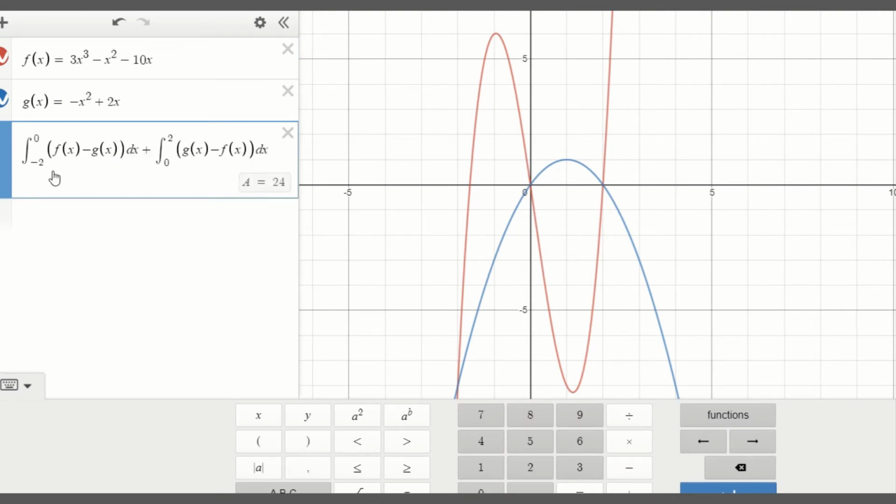So we write the integral from negative 2 to 0 of f of x minus g of x dx, plus the integral from 0 to 2 of g of x minus f of x dx, and get the answer A as 24. So we have to be careful when evaluating this type of integral. We have to see which one comes on top and which one comes below. So you can split this into two different integrals like this.